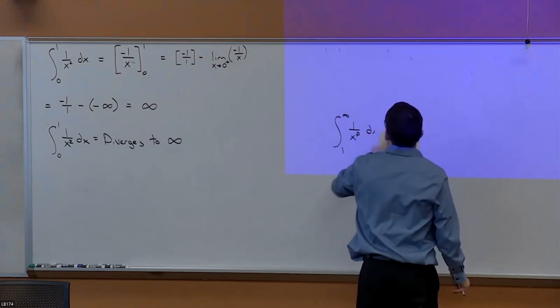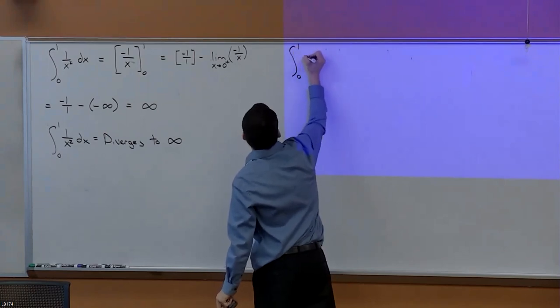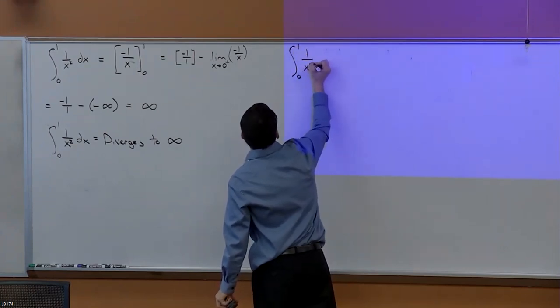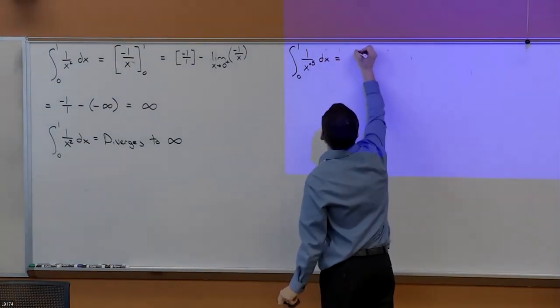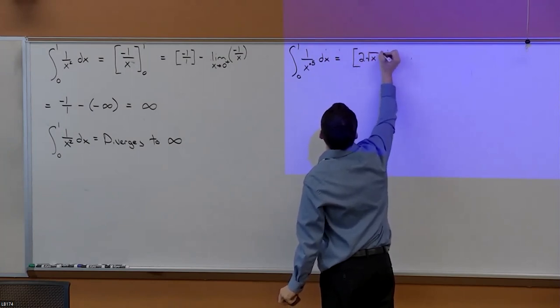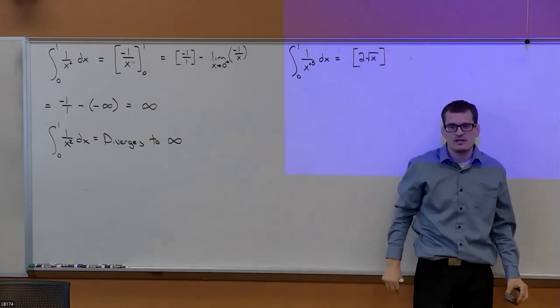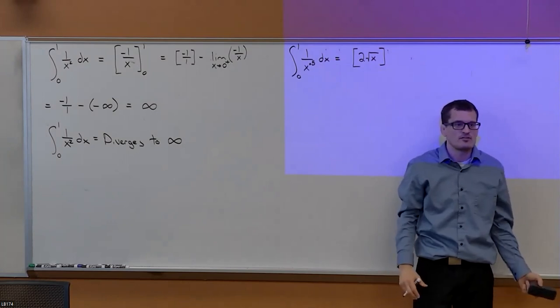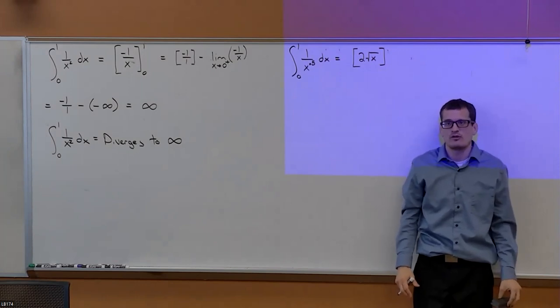Now let's see what happens when we do 0 to 1 of 1 over x to the 0.5. Again, I'm going to shorthand this because we just integrated that, so I won't show all the steps of integration. Last time we saw that we got 2 times square root of x when I integrated 1 over x to the 0.5. Okay, that's from earlier.